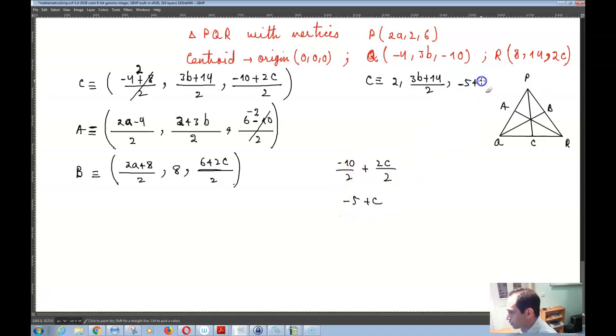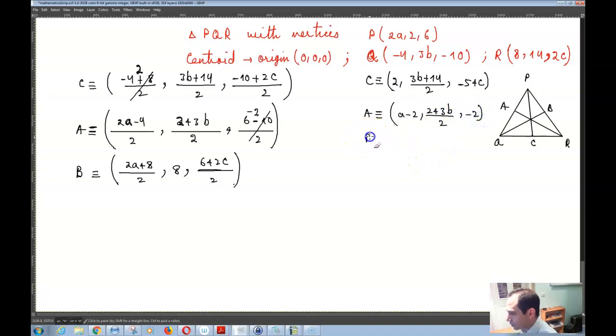That is the coordinates of C. The coordinates of A would be 2a by 2 is equal to a minus 2, 2 plus 3b divided by 2, and there you have a negative 2.